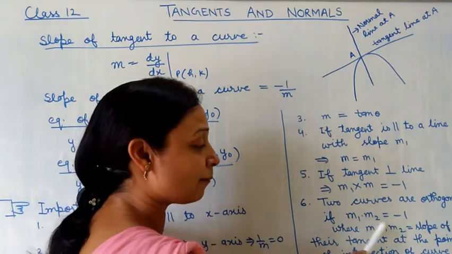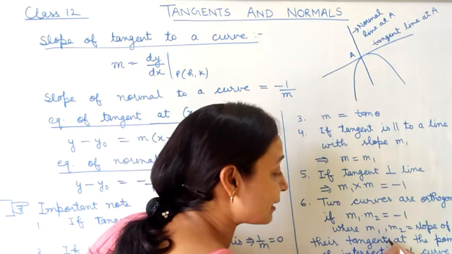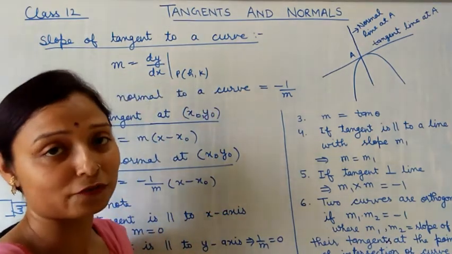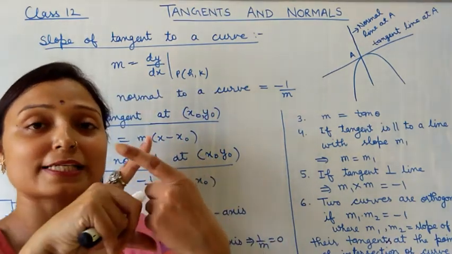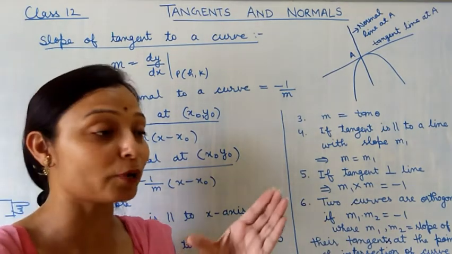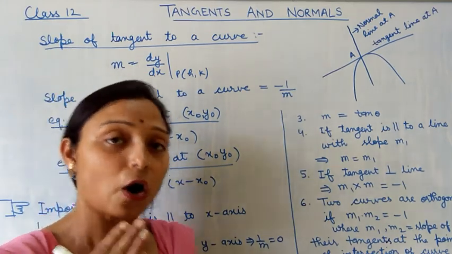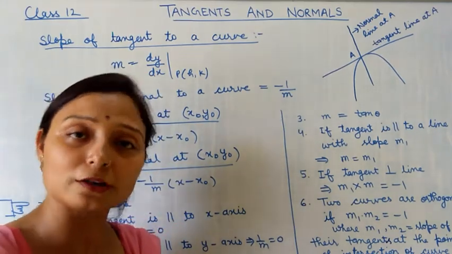This m1 and m2 are the slopes of their tangents at the point of intersection of the curves. At the point of intersection of the two curves, if the product of the tangent slopes is equal to minus 1, then the two curves are said to be orthogonal.